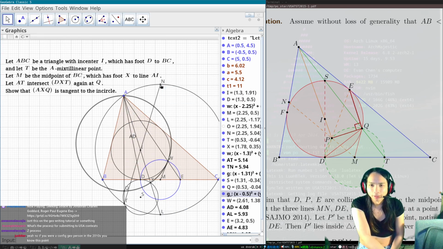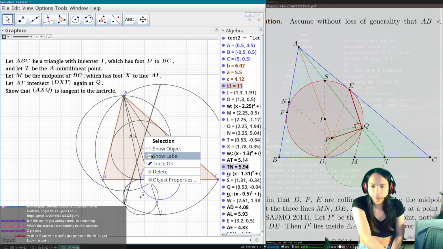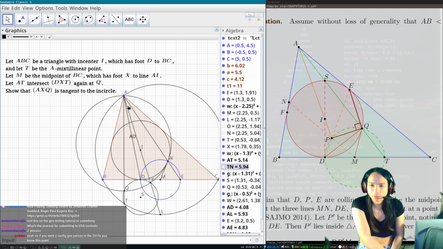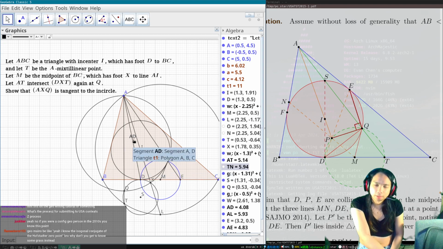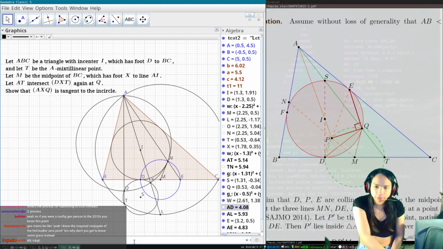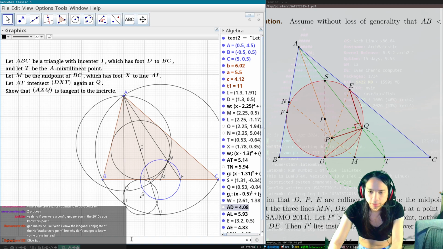So, okay, I think I take back what I said about T. I probably don't need the mixed linear property that I had used to draw it. Probably the property I'm going to use is that AT and AE are isogonal. In fact, yeah, like the property is probably going to end up being... I don't really care about D anymore. I'll draw in the angles for those of you that haven't seen this before.